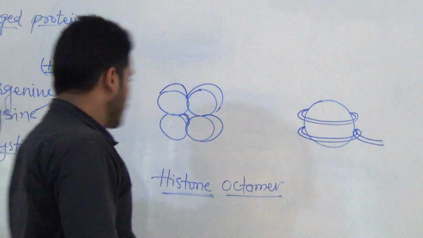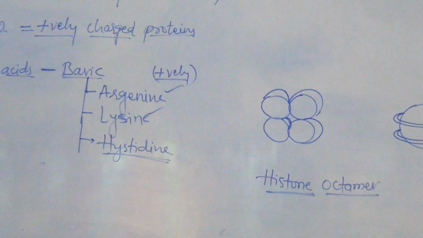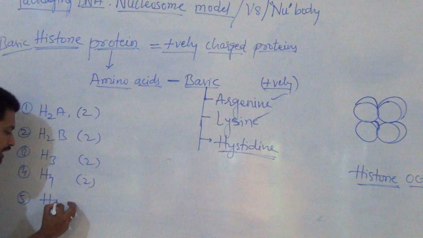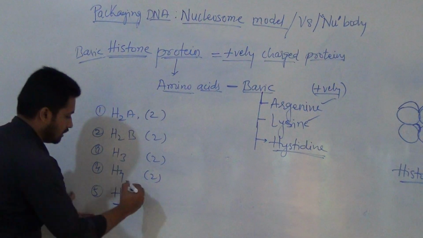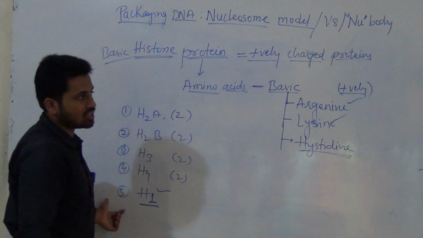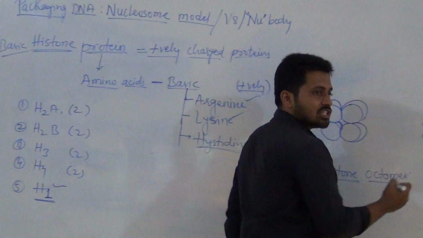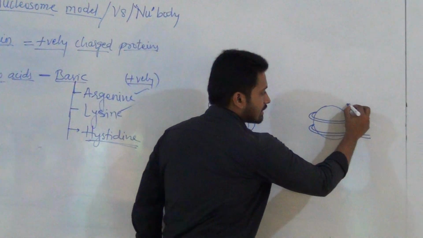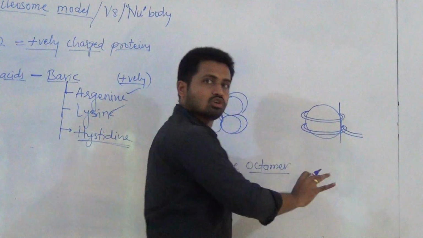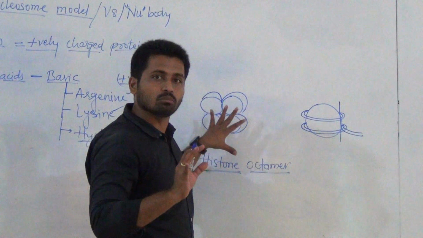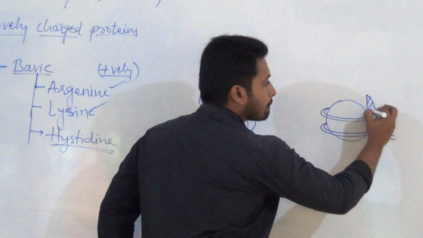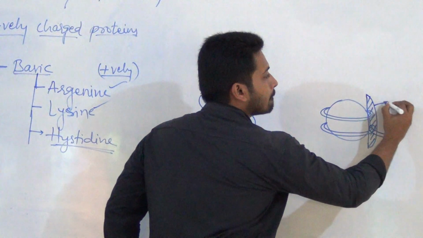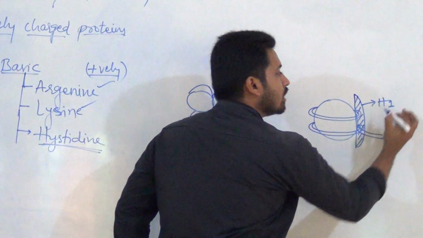Another histone protein, a fifth type, is called H1. H1 protein is the fifth one. What is the function of this one? Remember, in NCERT the diagram is given like this, but actually it contains 8 protein molecules. Now this is H1.